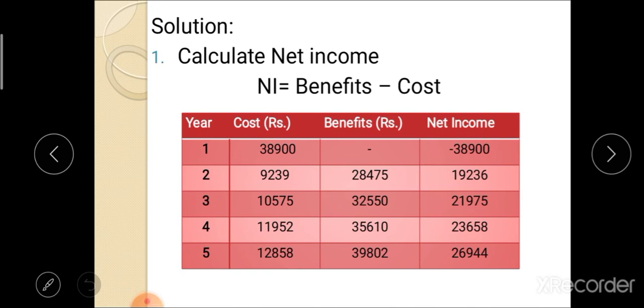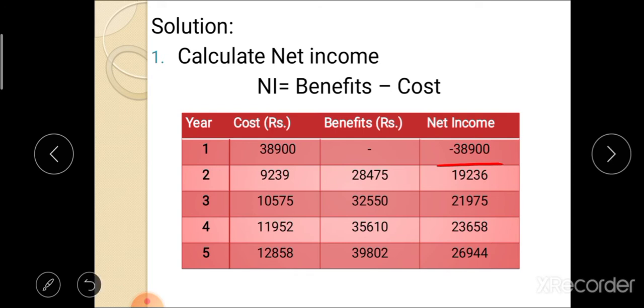In the solution, the first step is calculation of net income. This net income can be calculated by subtracting cost from benefit. That means net income is equal to benefit minus cost. We get the net income of the respective year. For the first year, benefit is 0 minus 38,900, so your net income will be minus 38,900.